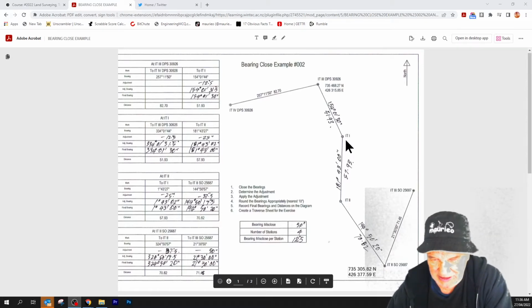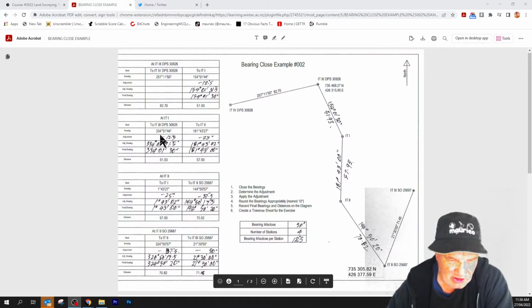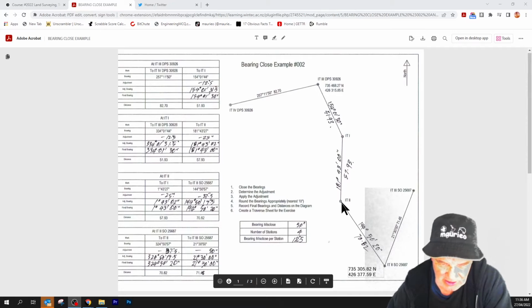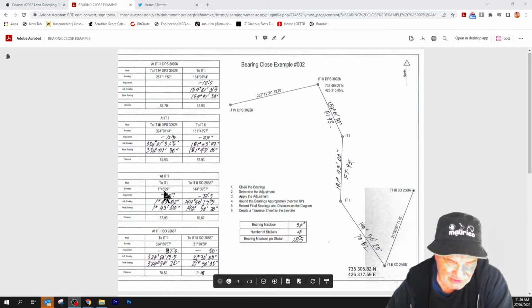We have then come here and set the reverse back bearing 334.01.44 and got 181.43.27 to iron tube 2. We've then come to iron tube 2 and set the reverse bearing there of 1 degree 43.27. You'll see they agree there.